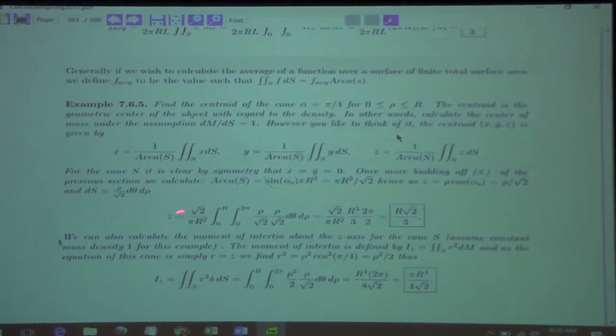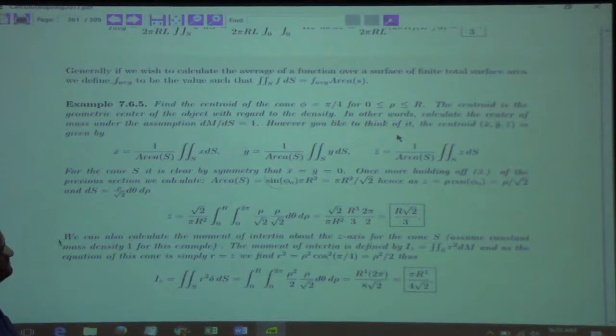Anyway, so the z-bar, the coordinate for the centroid in the z. So we're supposed to integrate z ds, right?